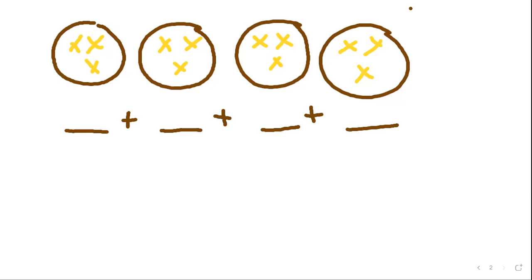So in the first group, I have 1, 2, 3 stars. My second group, I also have 3 stars. My third group, I have 3 stars. My fourth group, I have 3 stars. I'm going to count all of these stars all together and see how many I have all together.